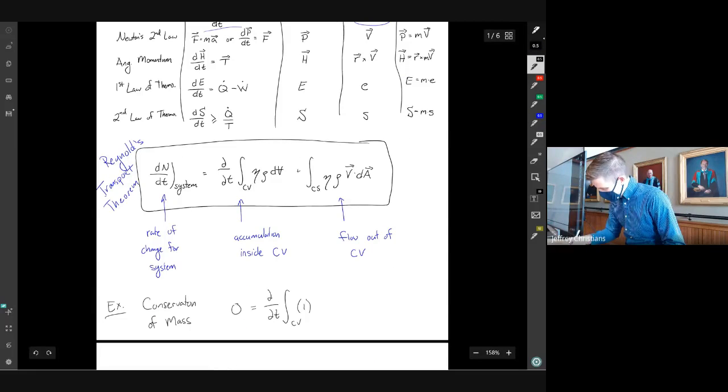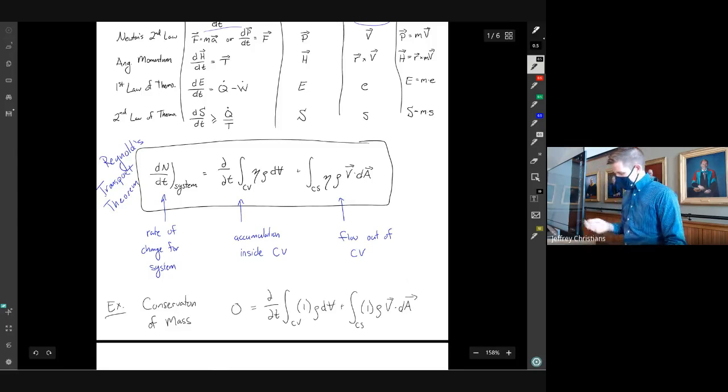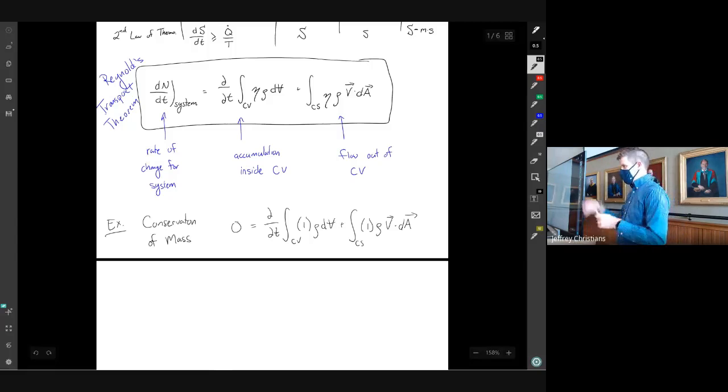So 1 rho d volume, plus the integral over our control surface of eta, 1, rho v dot dA. What we get when we map conservation of mass is exactly the continuity equation that we had before.